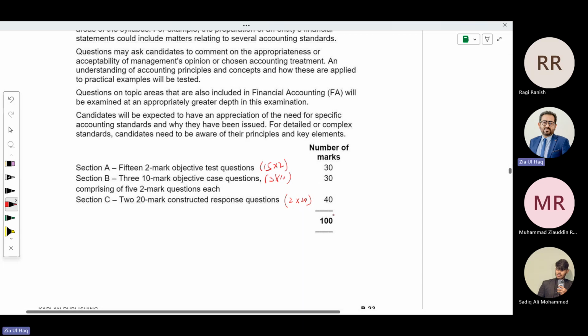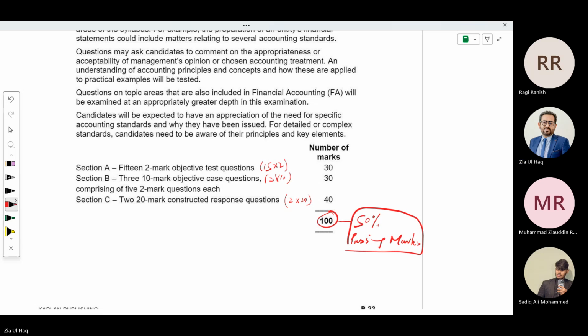So out of 100 marks, we need to achieve 50% passing marks. And these passing marks are very easy to achieve if you are attending 100% of classes and practicing your questions.